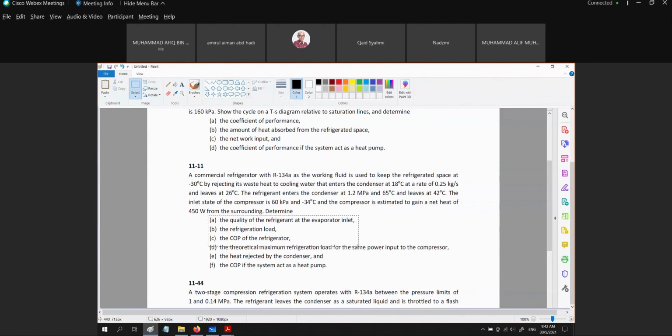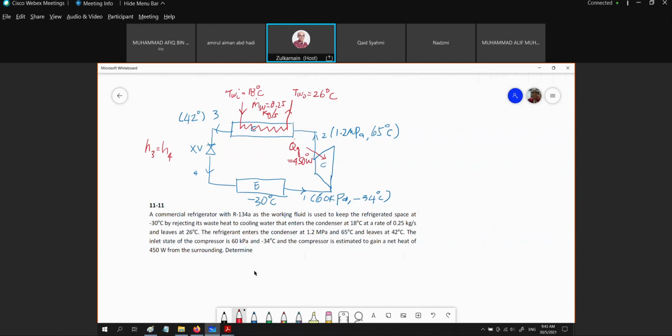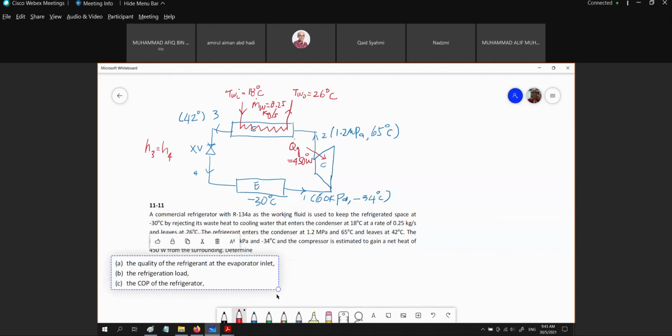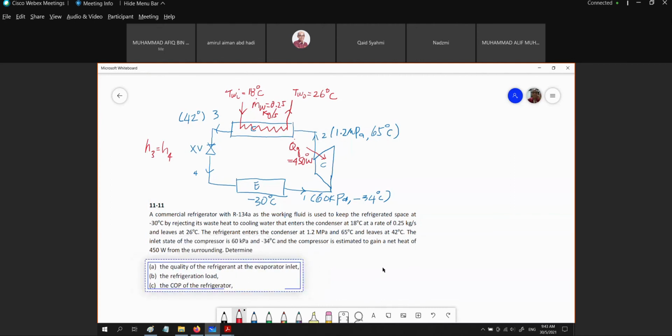Let us take the first three questions. The quality of refrigerant at the evaporator inlet. Where is our evaporator inlet? The evaporator inlet is state 4.